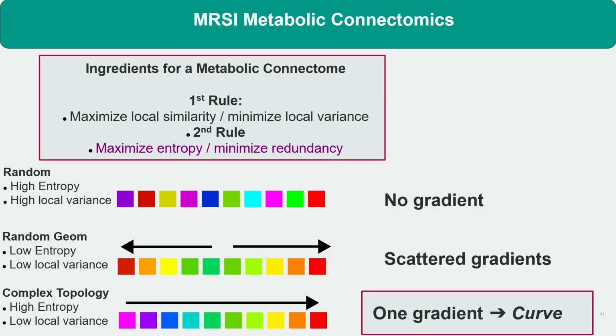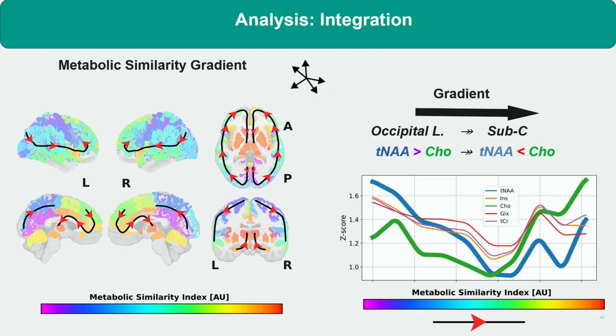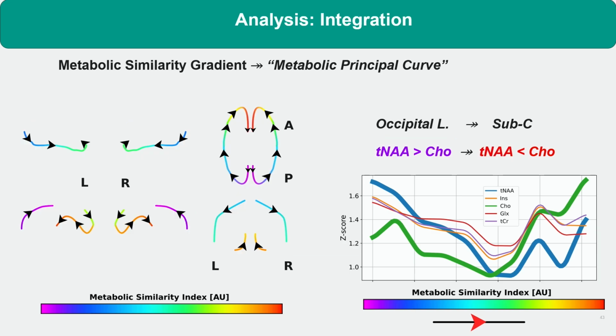This is going to be a bit more complicated in 2 or 3 dimensions because the problem is overdetermined, but this is how it looks in 3 dimensions. We're starting to see a variation starting somewhere in the occipital lobe, going to the frontal region, back to the subcortical regions in a nice, smooth, and gradual way. And this whole pattern is mostly driven by the flipping of the TNA over choline ratio.